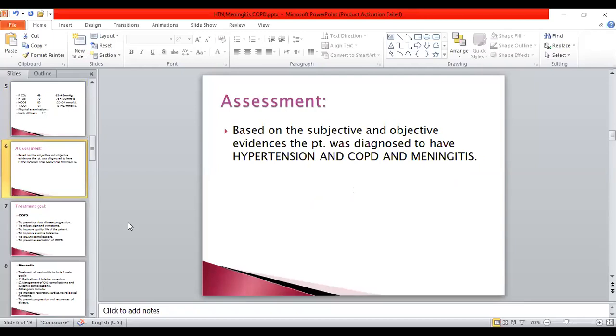I don't know, sir, because it's not mentioned there. What is the cause of the meningitis in this patient? I'm asking the audience. Might be bacterial. I think meningitis could be bacterial.